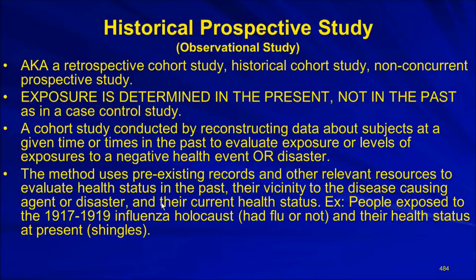Okay, we identify those folks. Then we go back and look at their medical records to verify that they in fact had exposure, had influenza, and then we go to the present to see what health factors or risks were discernible.